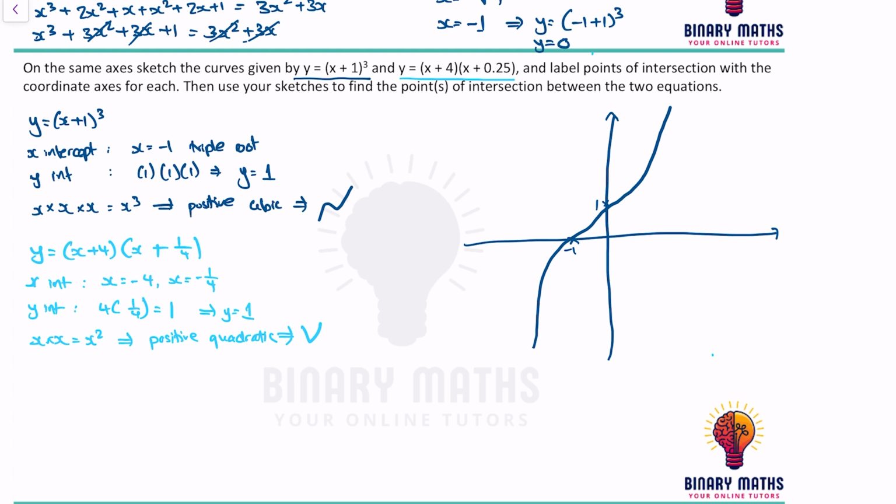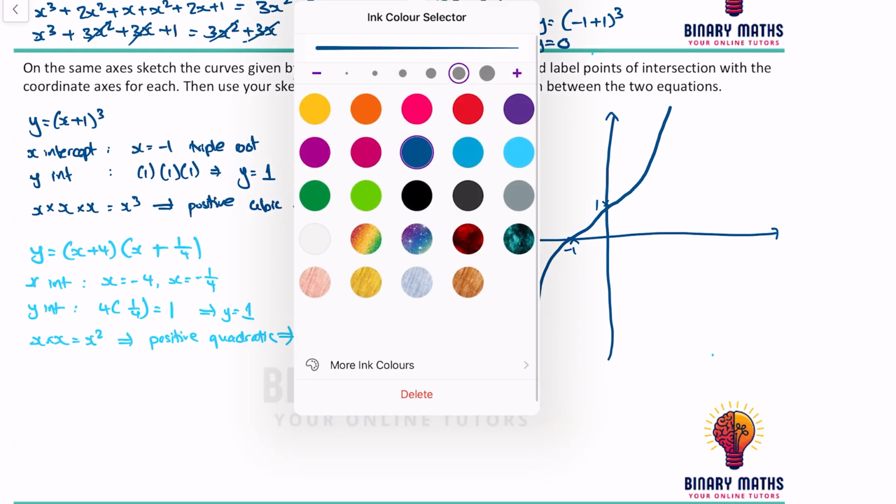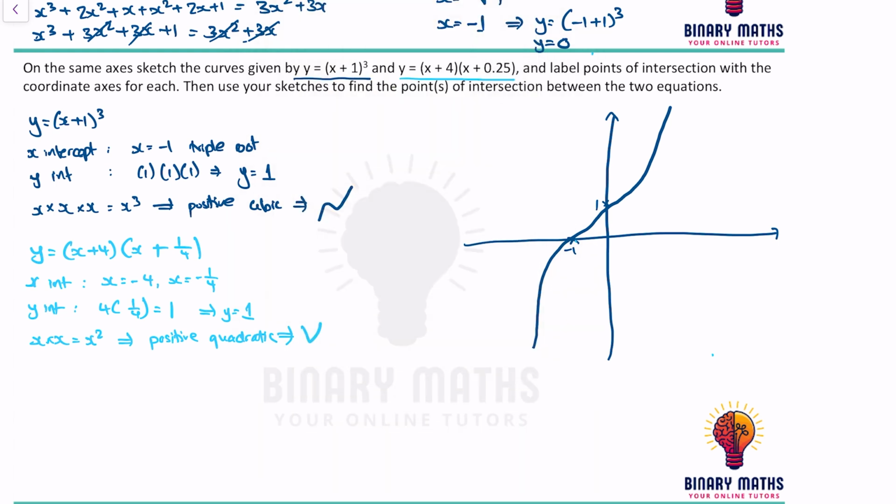And then the quadratic graph goes through -4 and minus a quarter. It's a positive quadratic graph, so there is an intersection here. It goes through y equals 1.